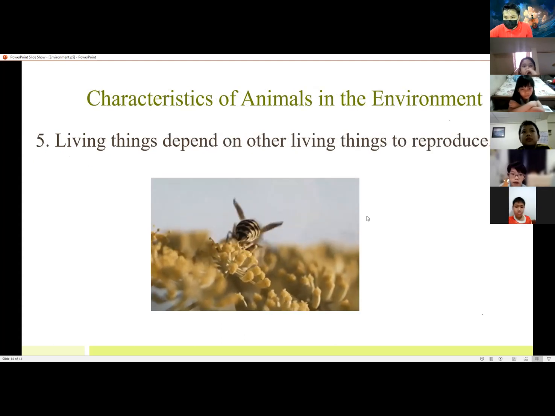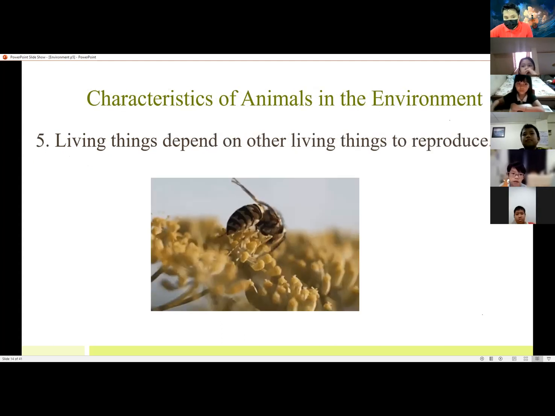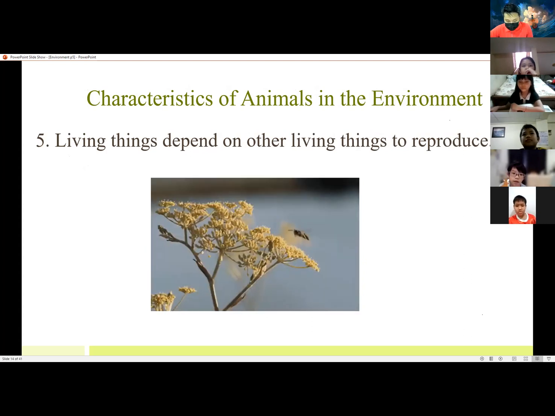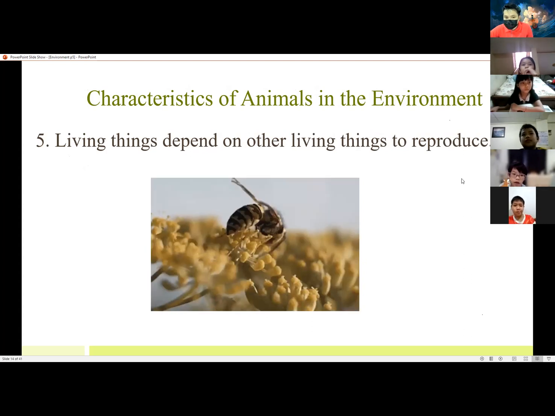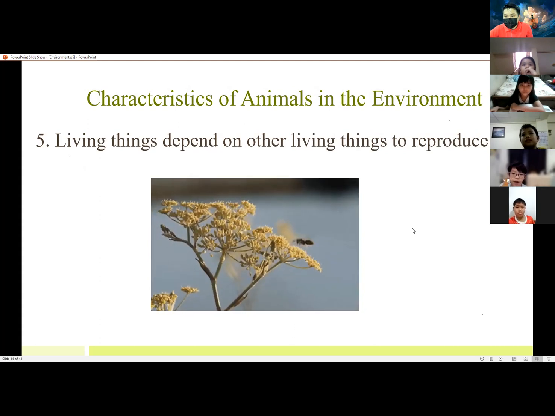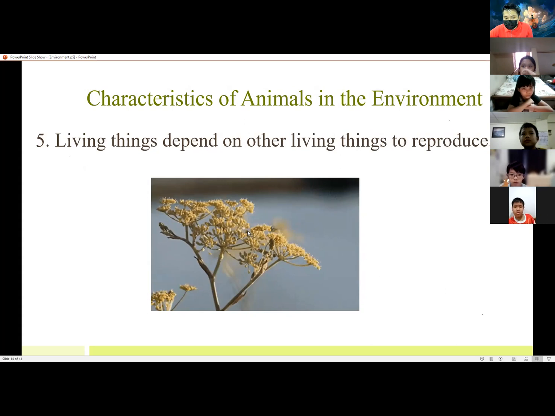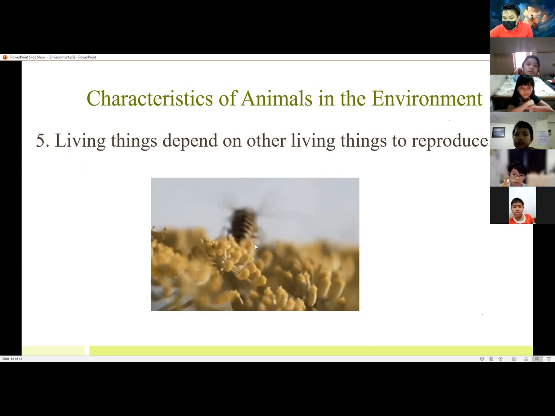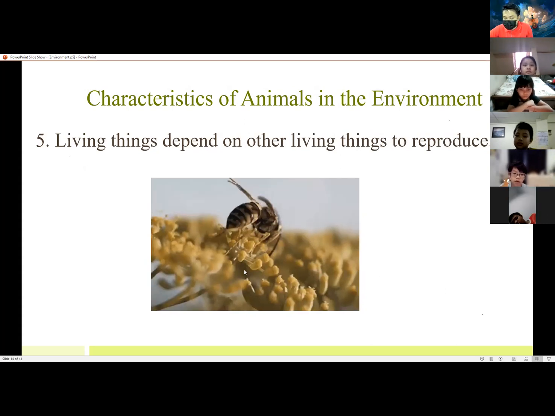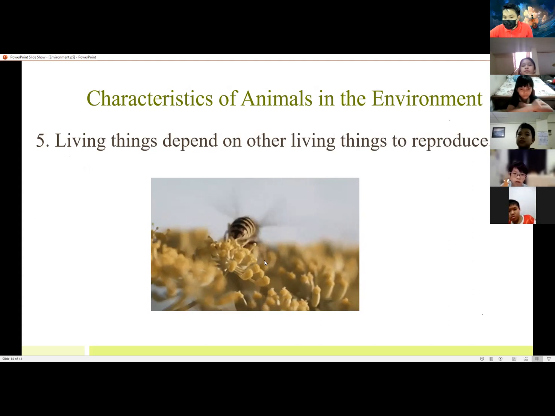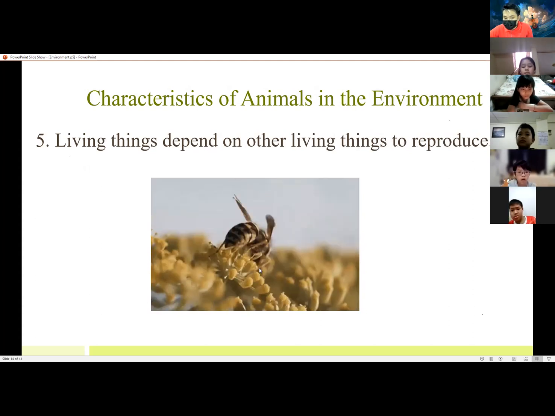Number 5. A living thing depends on other living things to reproduce. Okay, here in this video, the bee helps the plant to reproduce. How? By pollination, right?